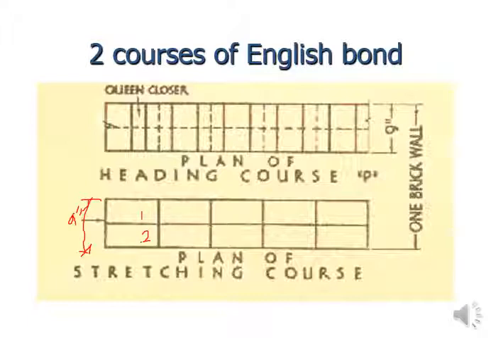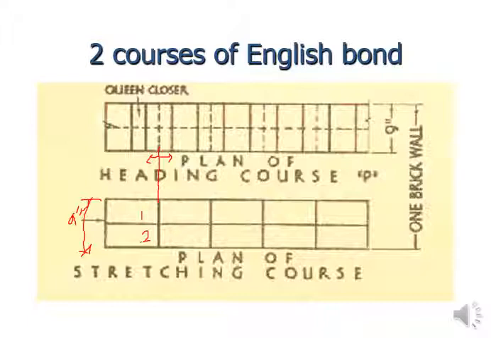So on the other side for the header, what you need to do, this dotted line is going to show you the vertical joint position of the joints within the stretching course. So what you have to do, you have to equally distribute the dimension on either side of this joint for placing of the header.